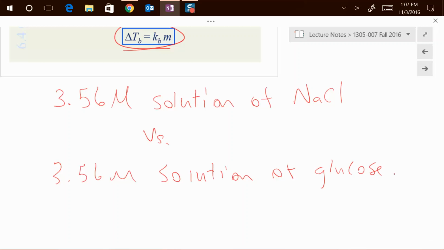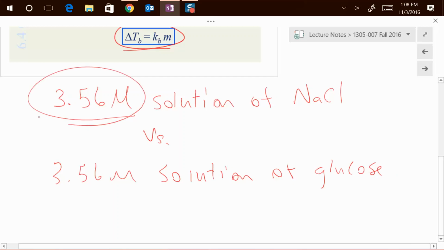So for the sodium chloride, what you need to realize is that when sodium chloride dissolves in water, does it stay one single thing? No, it breaks up into how many things? 2. A sodium and a chloride, right? So every time I put salt into water and it breaks apart, it's going to cause a doubling of the molarity of the particles in solution.